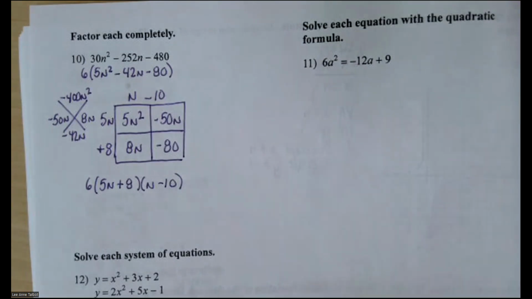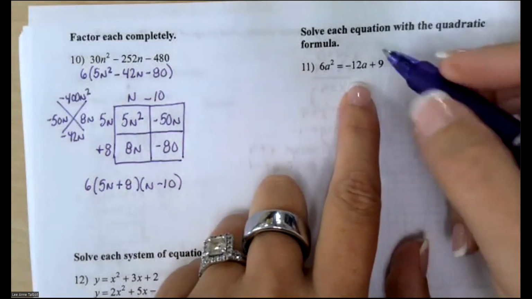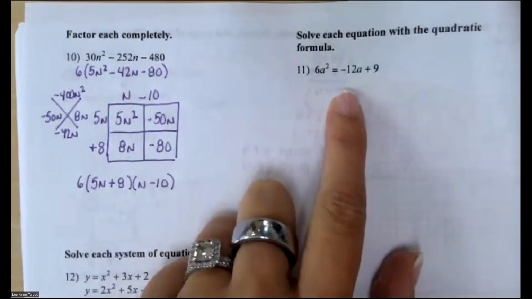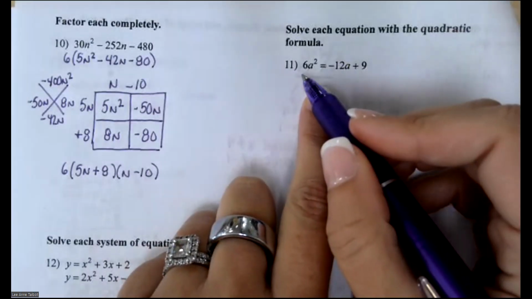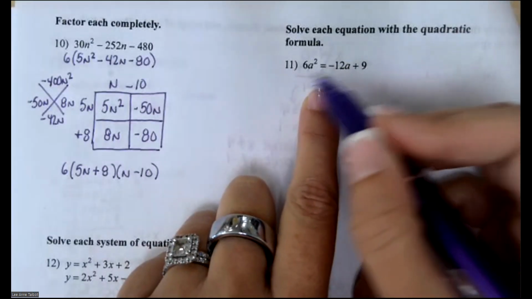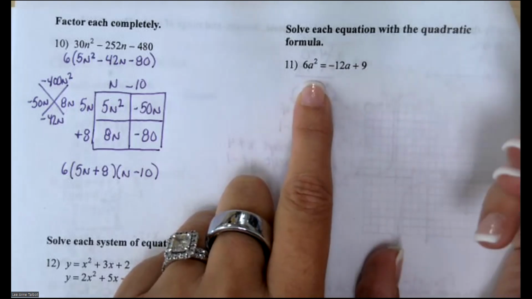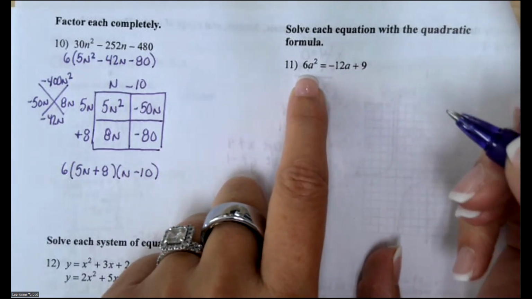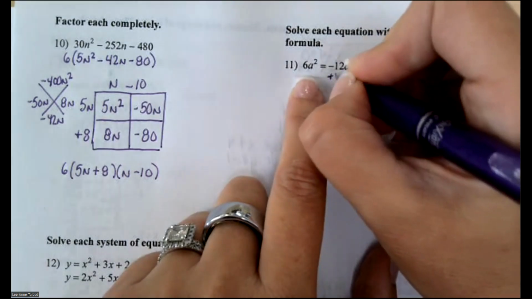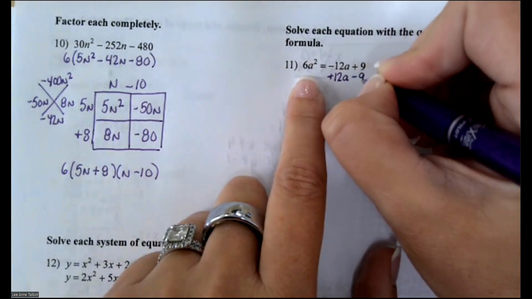Okay, 2 more. Solve with the quadratic formula. This one, we have to get it equal to 0 first. You can move the 6 or you can move this stuff, but my rule is I always like to keep the squared term a positive. So I'm going to move this stuff over here.